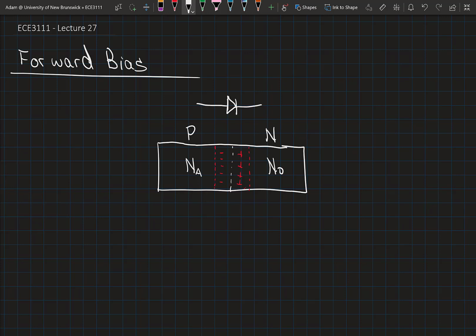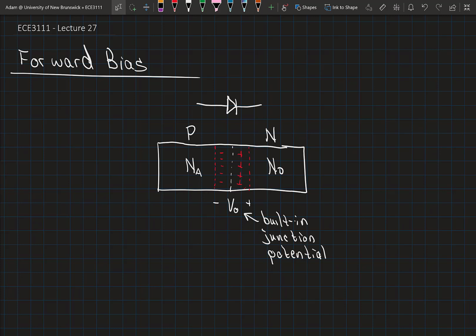Okay, so this is representing our diode, and we discovered that we have some built-in junction potential. So this is our built-in junction potential that we did some derivations for in the last couple lectures.